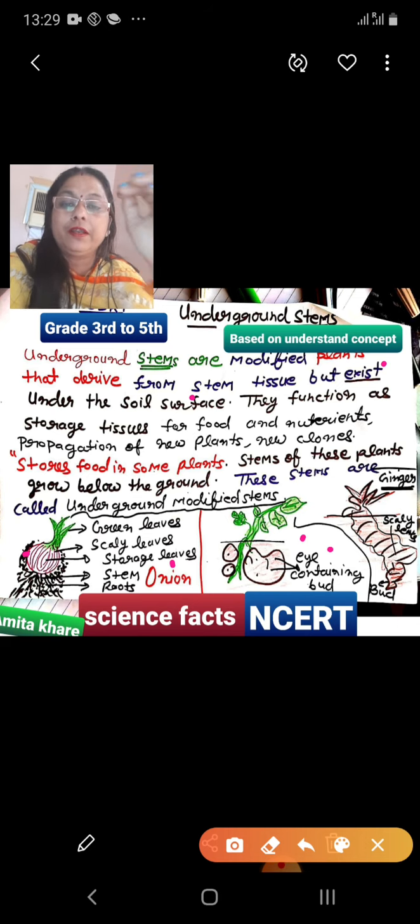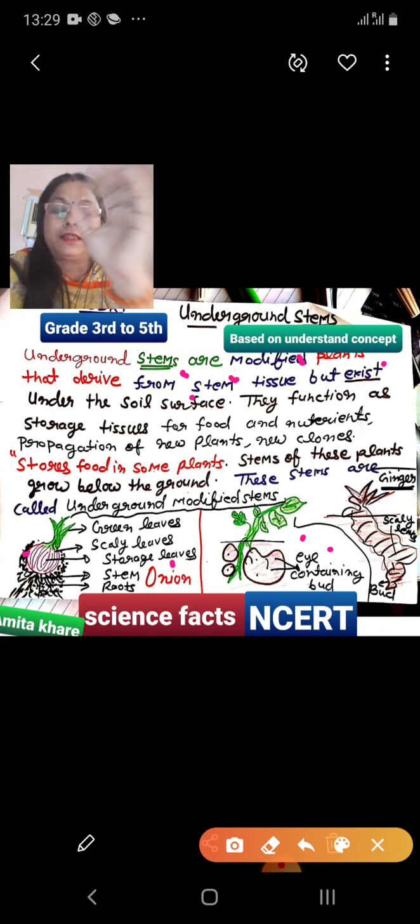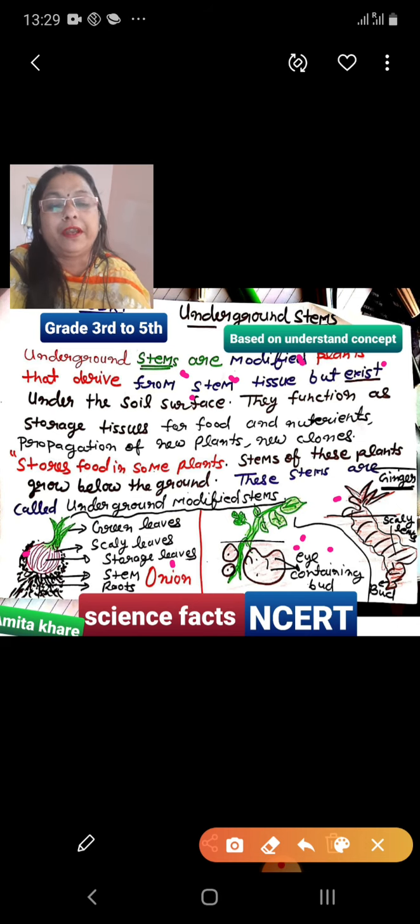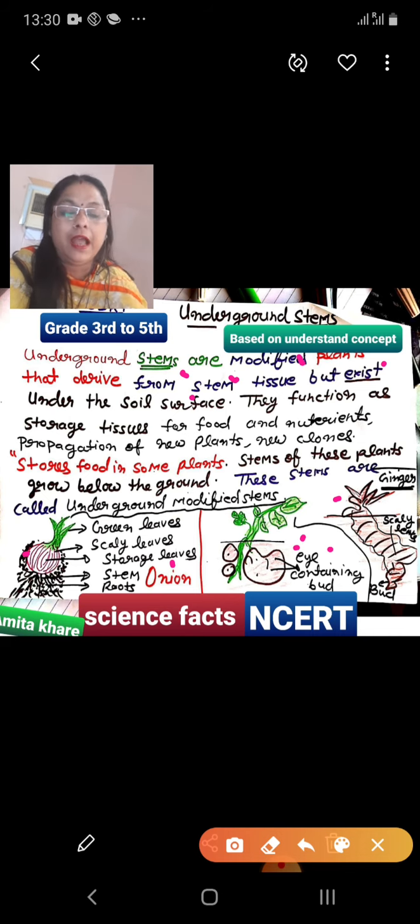So underground stems are modified plant parts that derive from stem tissue but exist under the soil surface. This type of stem, like onion, potato and ginger, is shown very clearly in the diagram I have already drawn here, and these are examples of underground stems.